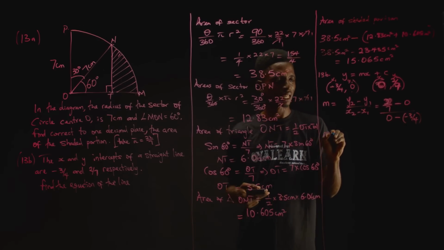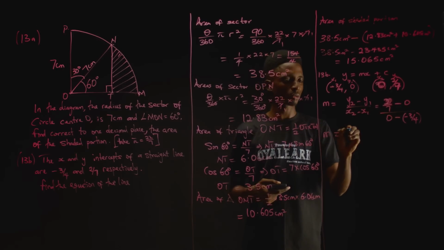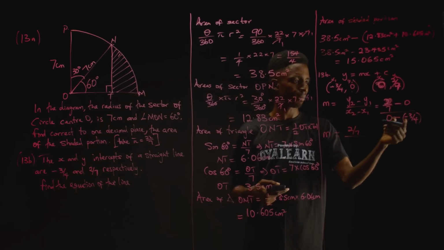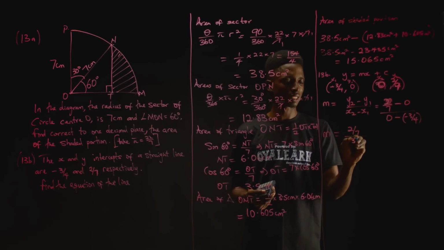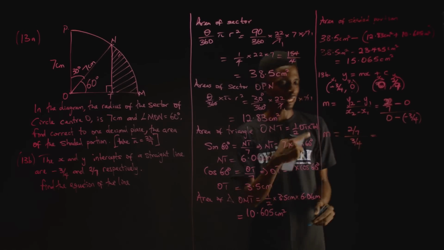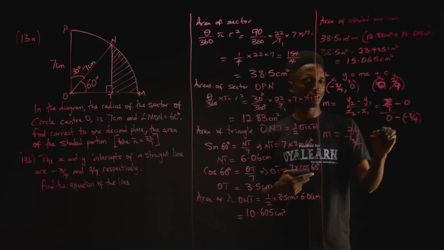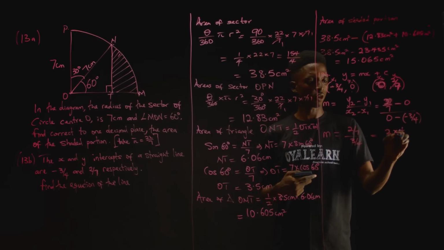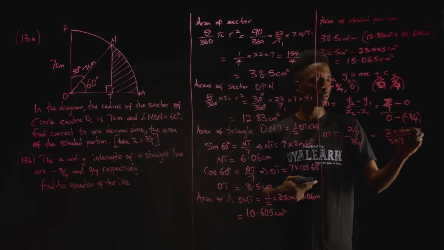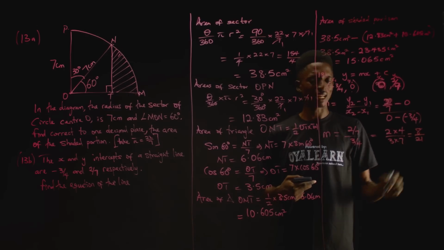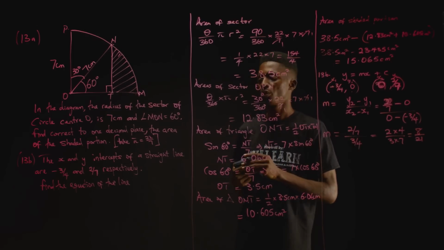So from here our slope is, when we subtract this, 2/7 divided by, minus times minus becomes plus, so this is 3/4. Now when we tidy this up, we would have 2 times 4 over 3 times 7. This will give us 8/21 as the slope, right?